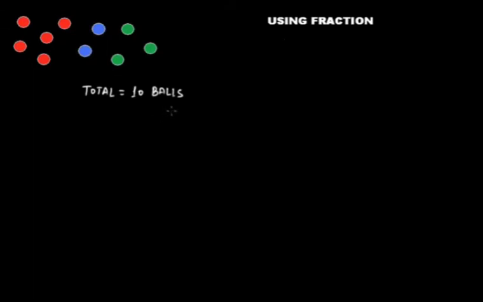So if I use fraction and if I calculate, first I'm talking about percentage for red balls. Okay, so in this case, what is the fraction? That is 5 over 10, right? 5 balls out of 10.